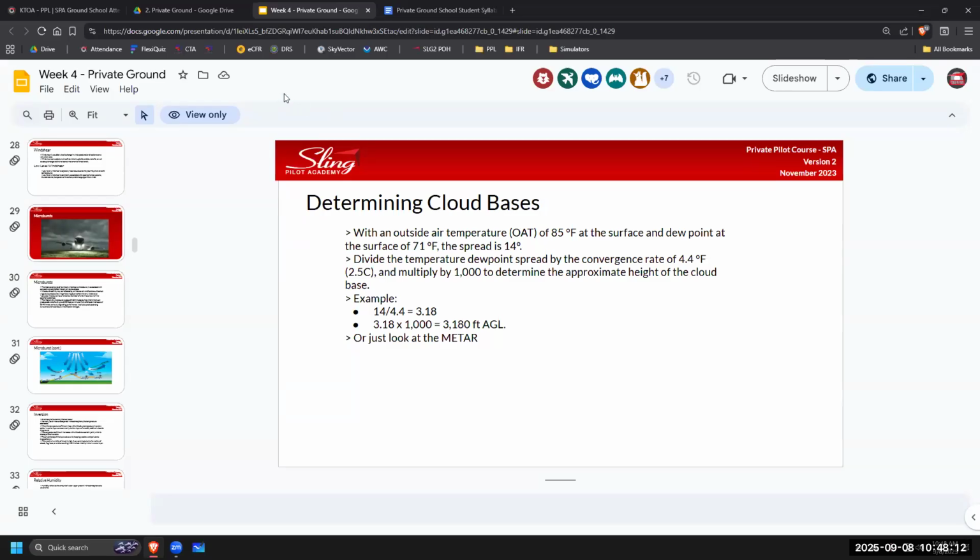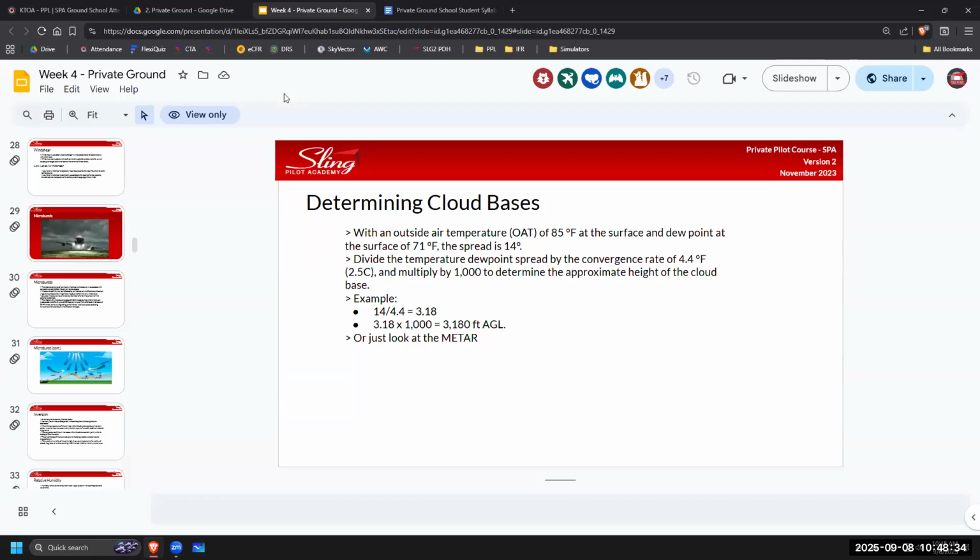I'm sure you all have looked at a METAR in ForeFlight. First of all, just go there. In ForeFlight, you go to airports. I'm looking at Livermore Municipal because I did a sim this morning where we did a departure out of Livermore Municipal. So I go to weather.